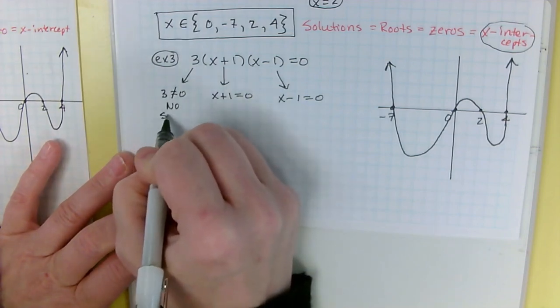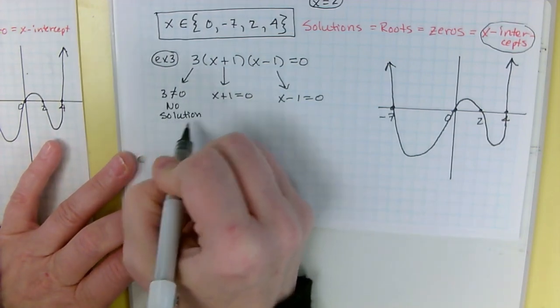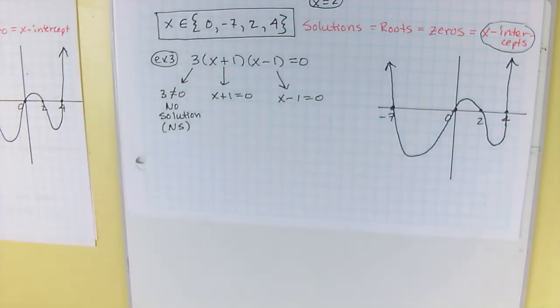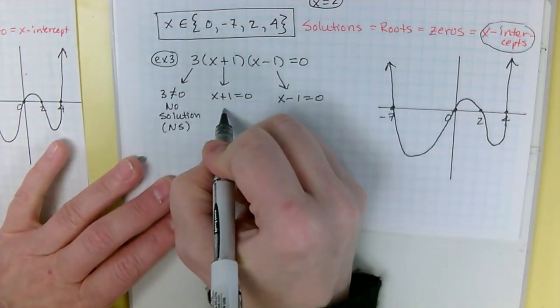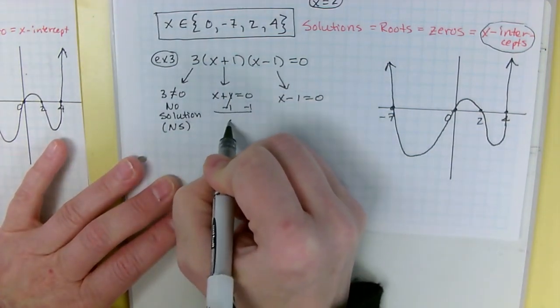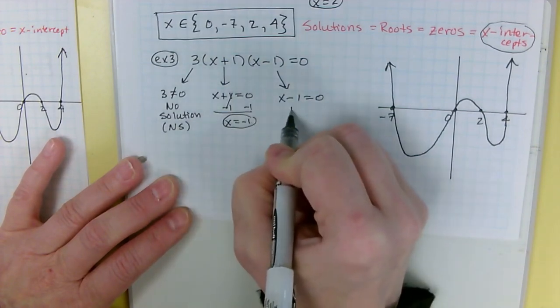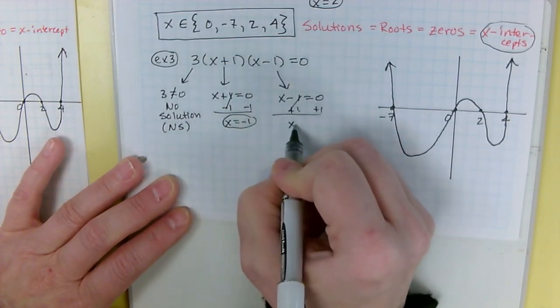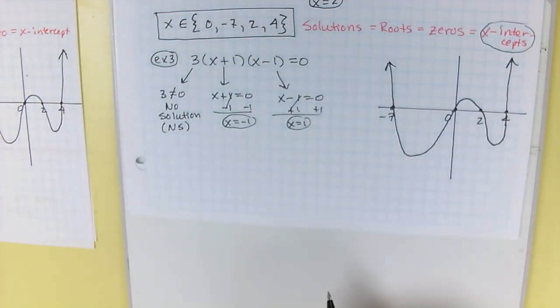So that particular factor is a no solution, or an NS. So that one you disregard. It doesn't appear in your solution set. You just solve the other 2, which we end up with x is negative 1, add 1, x equals 1. So you just end up with the 2.